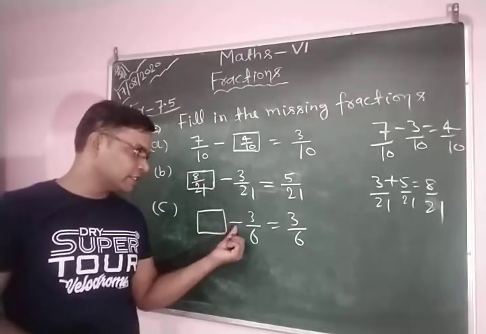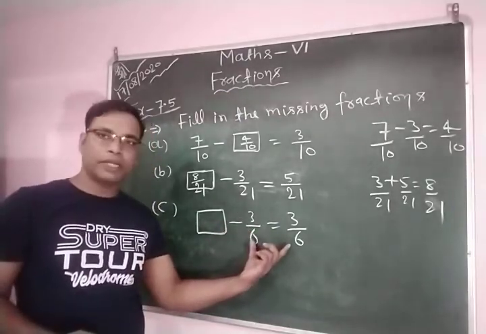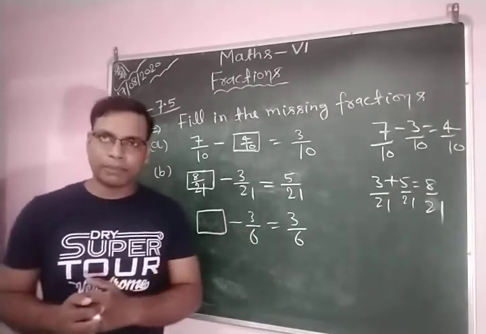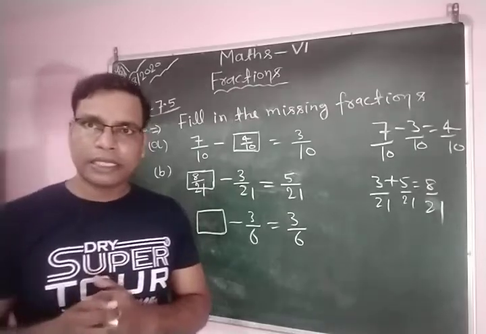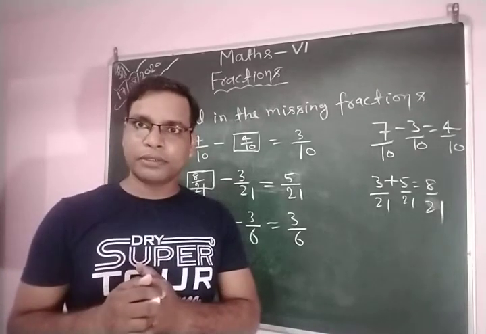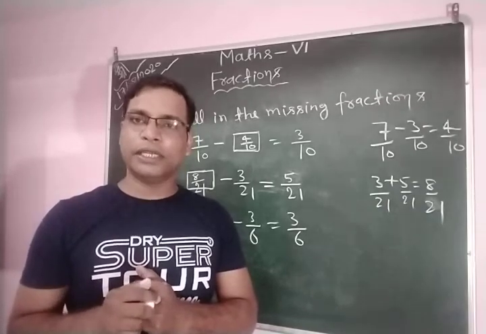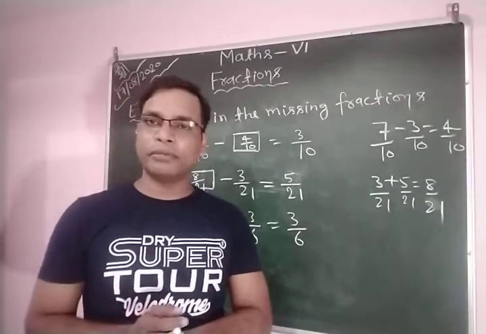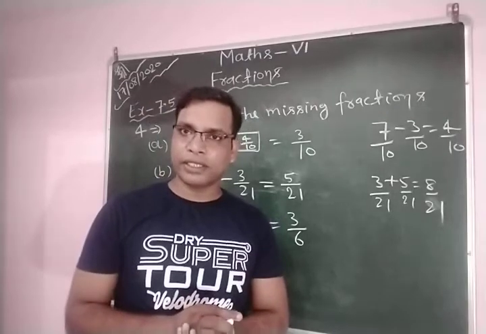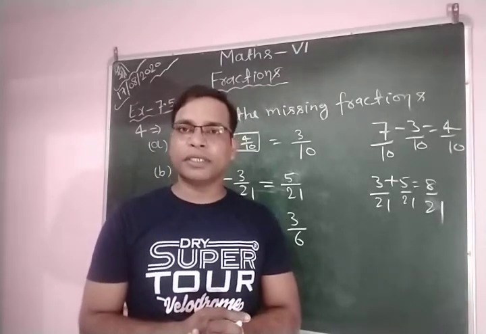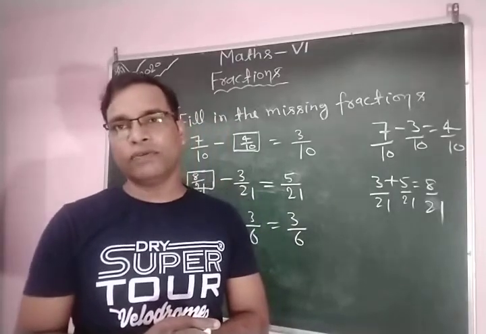This is minus, okay, and both fractions have like terms. So you subtract 3 from a number and you get 3. So what is the required number? Obviously you can say 6. If you subtract 3 from 6, then you find 3.